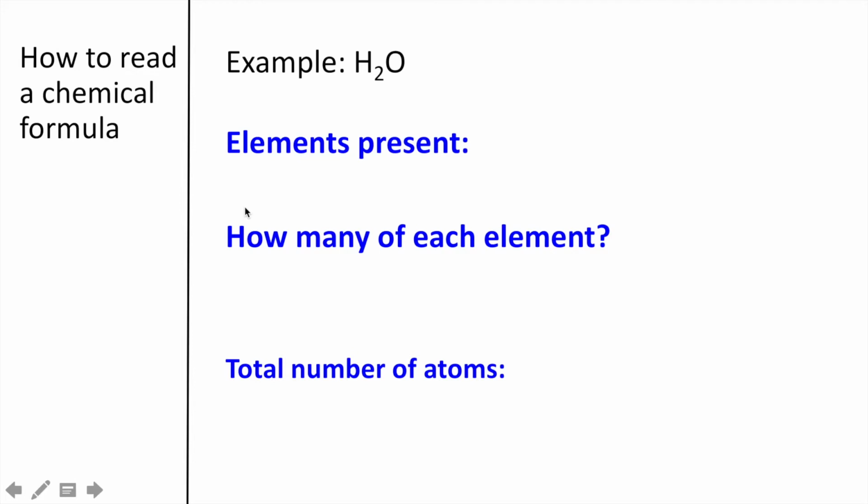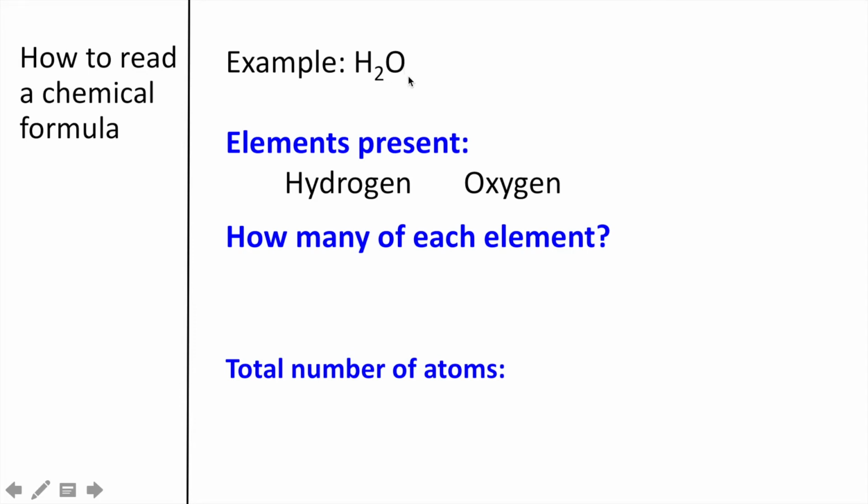When we're reading a chemical formula, we can tell a few things. We can see how many elements are present, how many of each element there are, and the total number of atoms in that compound. For example, here we have water. The elements present are hydrogen and oxygen. We have the number 2 located down here by the letter H, which is hydrogen, so I know that I have 2 hydrogens.